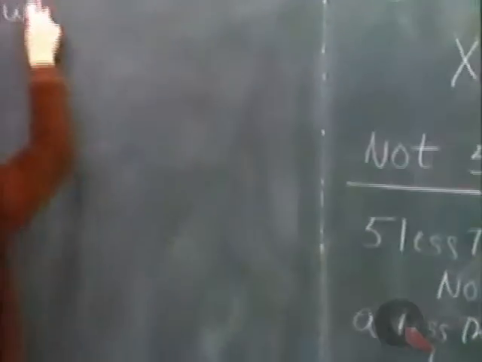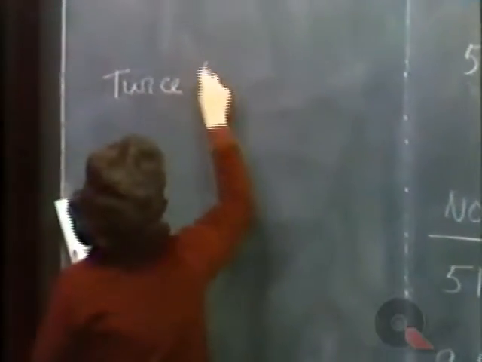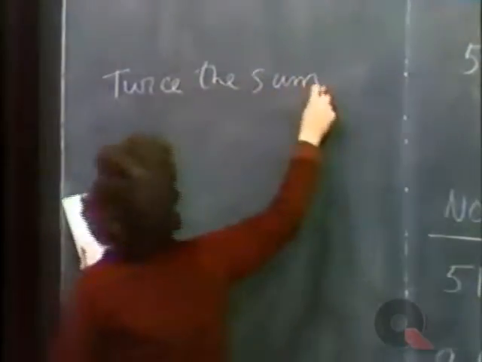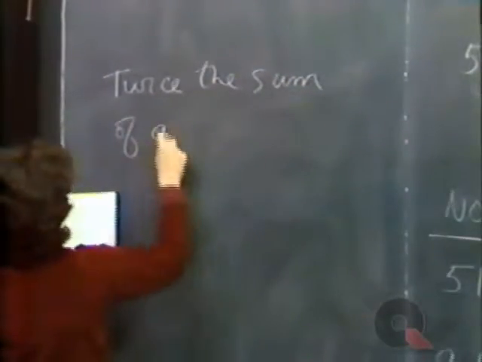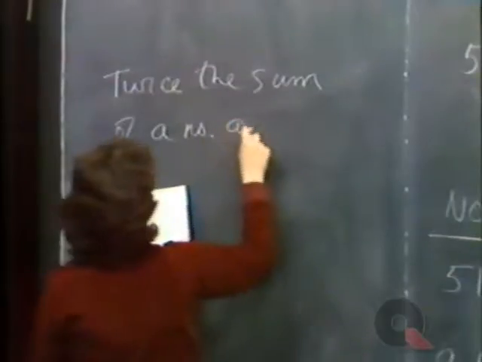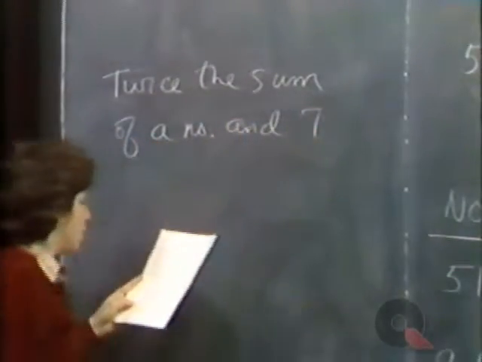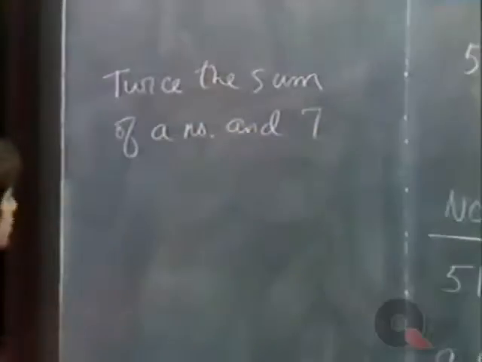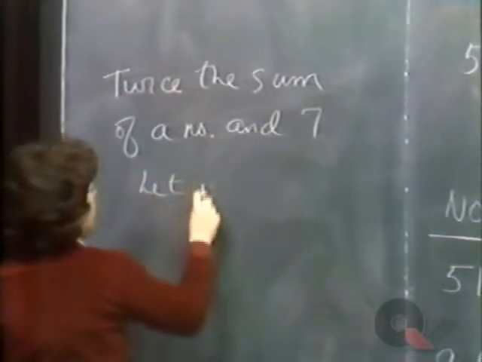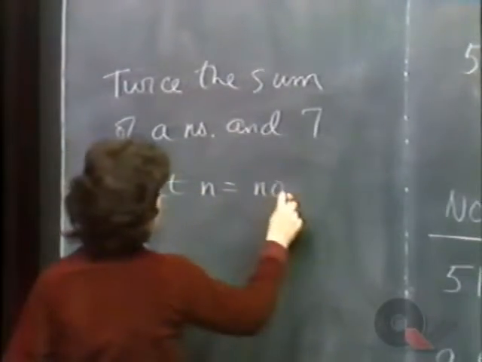How about twice the sum of a number and 7? Once again, let n equal the number.